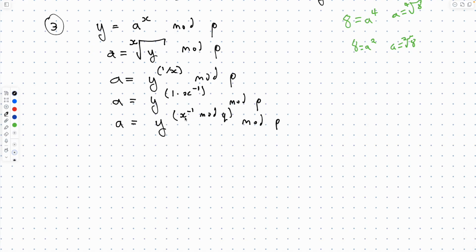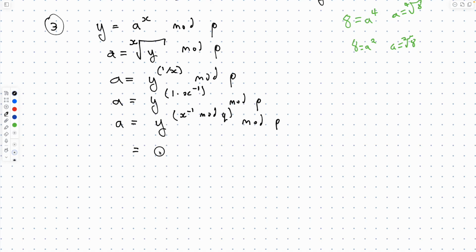No. So now I have all of x to the minus 1 in the exponent. Okay? So I can do the same trick. But what I need to do is figure out what the modulus is for the exponent's exponent. And it has to be smaller than q.